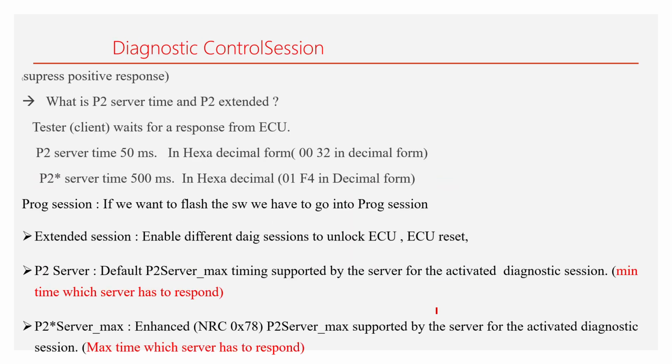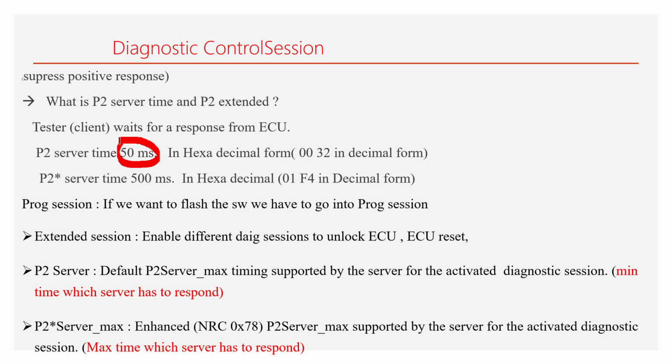So I will explain what is P2 server time and P2 extended, meaning how long the tester or client waits for the response from the ECU. What is P2 time? It is 50 milliseconds. The response from the ECU will take 0 to 50 milliseconds.